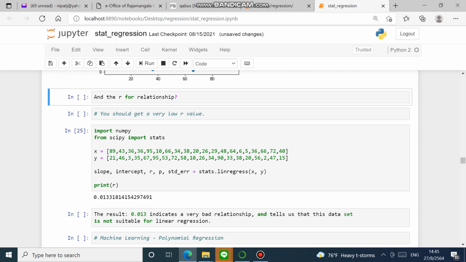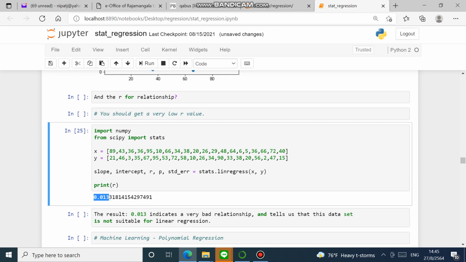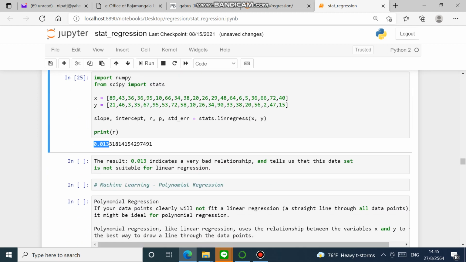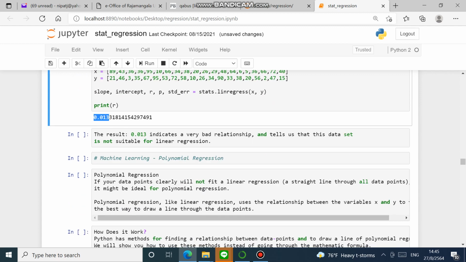We get R as 0.013. It shows almost no relationship between the variables x and y. The result, 0.013, indicates a very bad relationship and tells us that this data set is not suitable for linear regression.